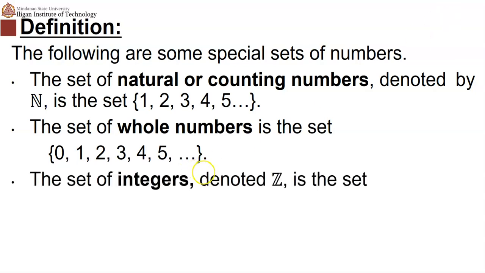Then we have the set of integers. The set of integers is denoted by Z, and it is the set consisting of negative numbers as well as your 0 and your positive whole numbers.